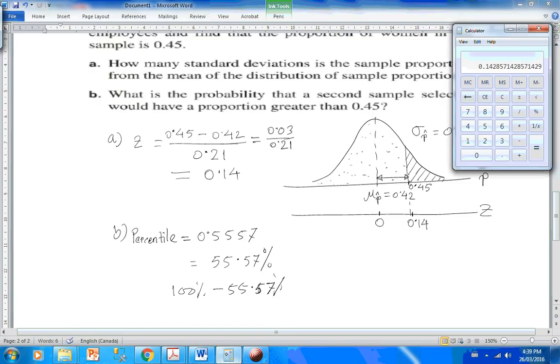Let's use a calculator. I'll take 100% and then deduct 55.57. That gives me a result of 44.43%.